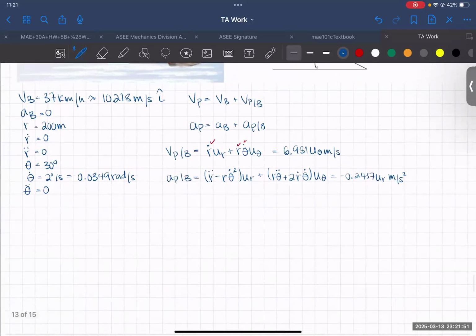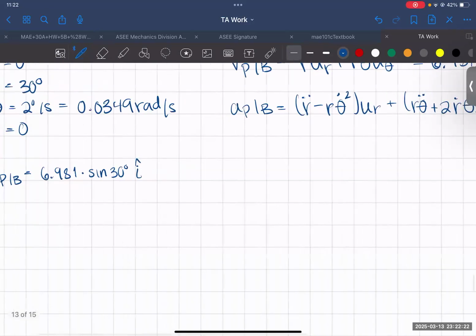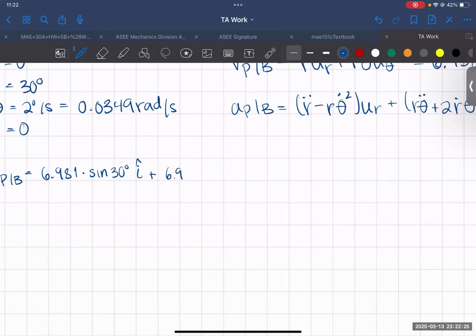So the velocity of P with respect to B equals 6.98 times sine 30 degrees, which gives us the x component, and 6.981 times cosine 30 degrees for the y component.